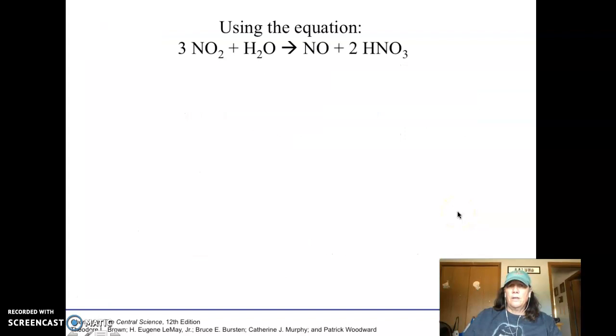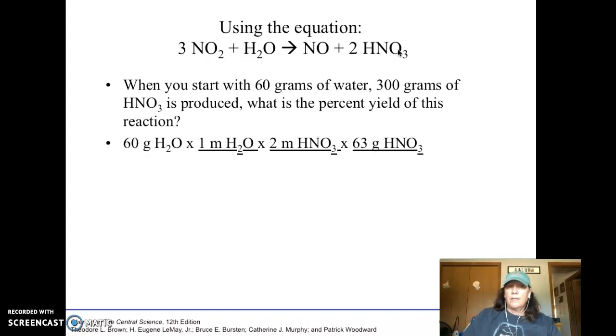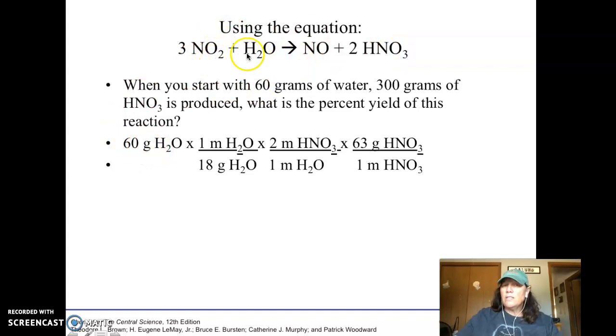Here's another one. Okay, we got on our equation. When we start with 60 grams of water, okay, we do this reaction, and we end up with 300 grams of HNO3, which is nitric acid, okay? Now, first thing we got to do is, what should we have gotten? So we take our 60 grams, and always start with a reactant when you do theoretical, when you do percent yield, you guys. 60, 1 mole of water has a mass of 18.